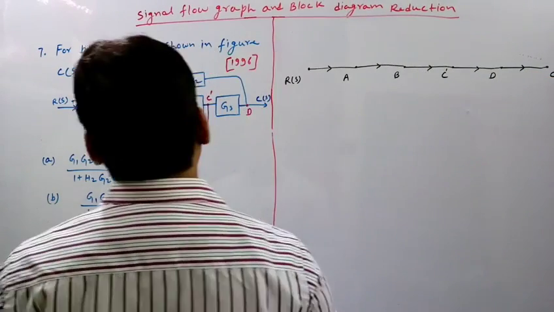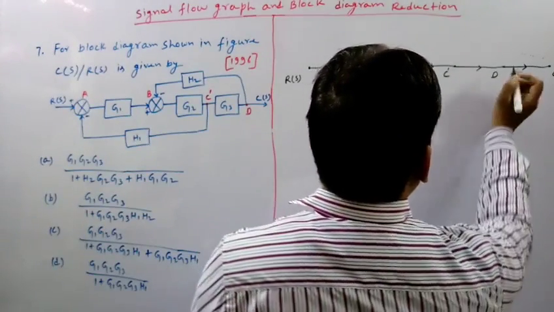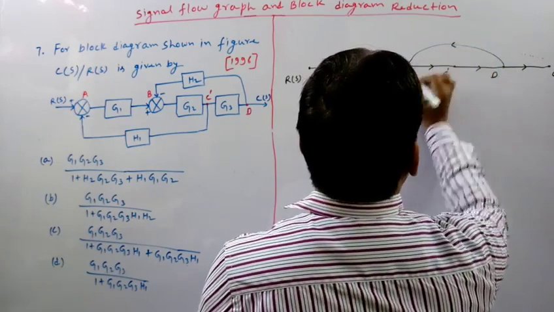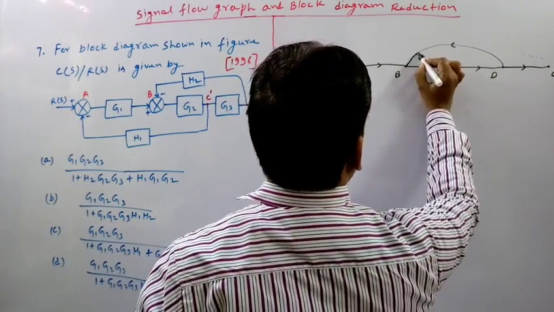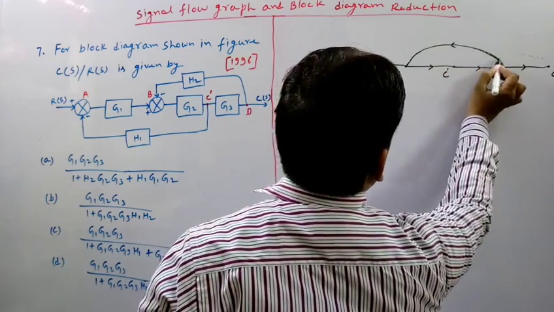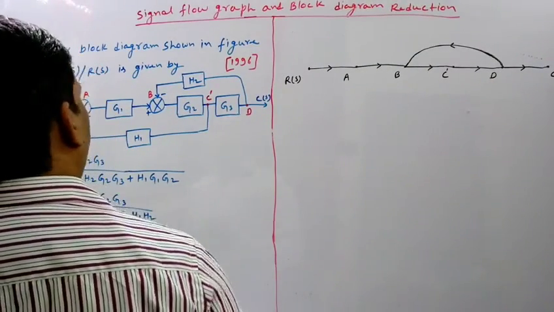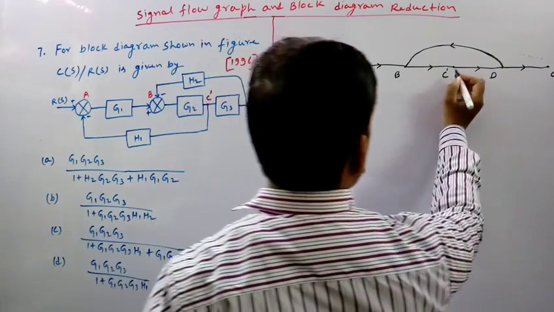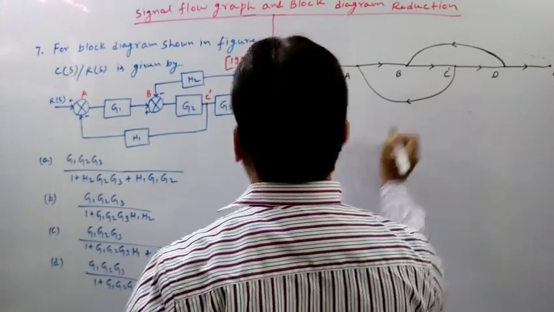Now from D to B there is a feedback branch. Now from C dash to A there is one more branch.